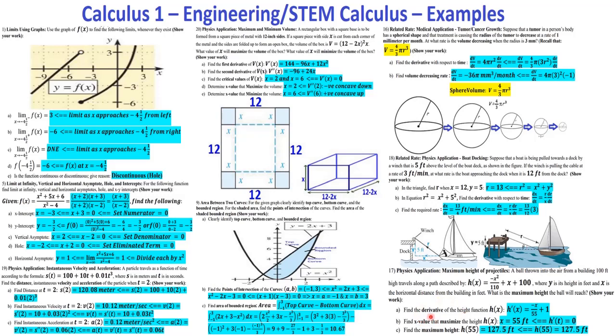You take the derivative, which is minus x over 55 plus 1. You set the derivative equal to 0, that will give you x equals 55, and that x equals 55 gives you the maximum height, which is h of 55 equals 127.5. That is the maximum height of the projectile. After that maximum height, it will drop.